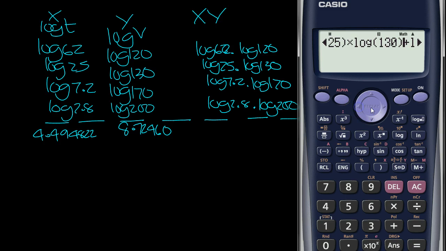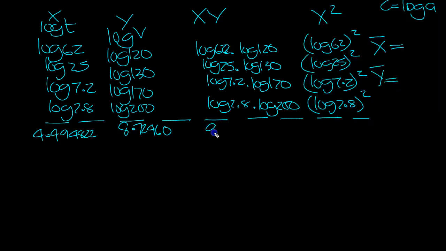Then it's log 7.2 times that one. And then it's log 2.8 times this one, log 200. That equals 9.6230, and then we do these squared.